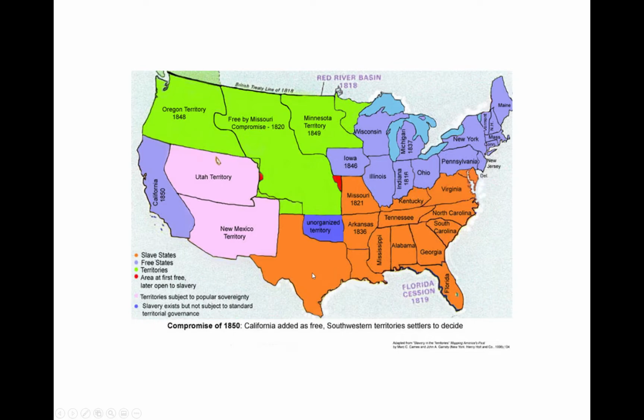That is, the admission of California gave the free states a majority in the Senate. So the balance that had been around ever since the Missouri Compromise was now ended.